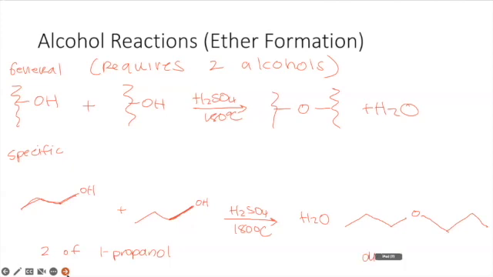So this is diethyl ether. We don't need to know the names for ethers, but I'm just telling you. All right, so that's another reaction we can do with alcohols, is to form an ether.